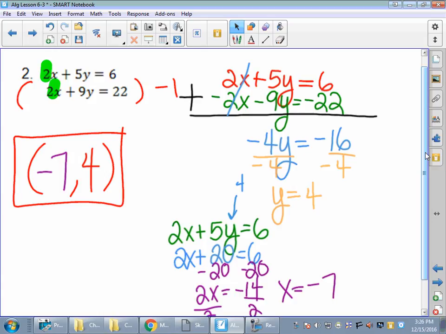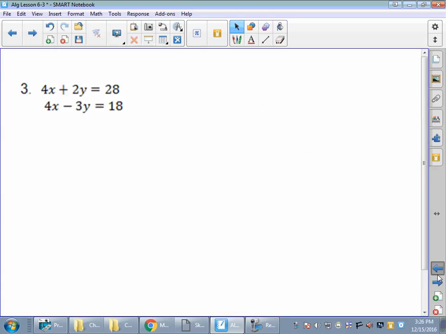So built-in double check. My solution to that is -7, 4. I would not want to graph those equations, but if we did graph them, they would intersect at the point -7, 4. So elimination is another algebraic method to solve a system of equations.